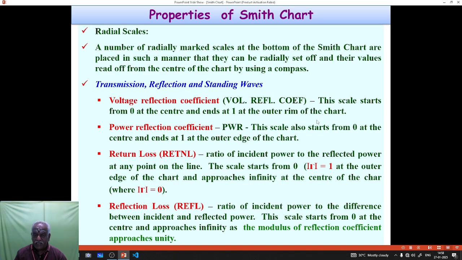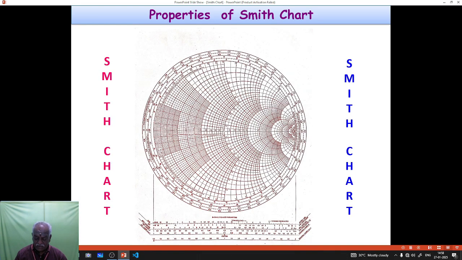I have displayed the chart here. See, these are circular scales along the circumference of the Smith chart. Scales are marked. And just beneath the Smith chart, below the chart, some other scales, radial scales, are also there.